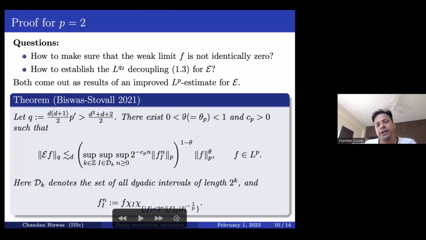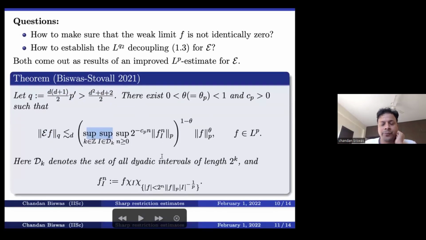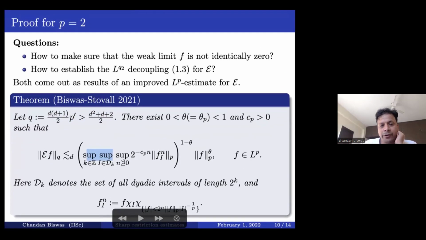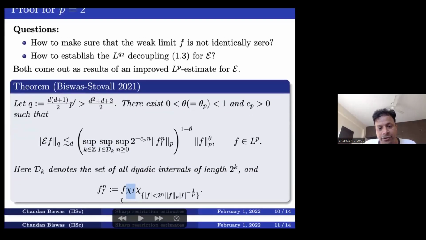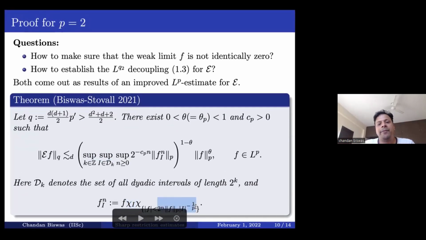Then there's a theta, which will depend on p, and a fixed positive constant C_p, which will also depend only on p, such that we can bound the L^q norm of the extension of F by the supremum over all dyadic intervals I, and then the supremum over all non-negative integers n, of 2 to the power minus C_p n times the L^p norm of F_{n,I} to the power 1 minus theta, times the L^p norm of F to the theta, and this is valid for all F. Here F_{n,I} is you restrict F to the dyadic interval I. Not just that, we also bound the height of F_{n,I}, so F_{n,I} is also at most 2^n times the length of I to the power minus 1 over p.